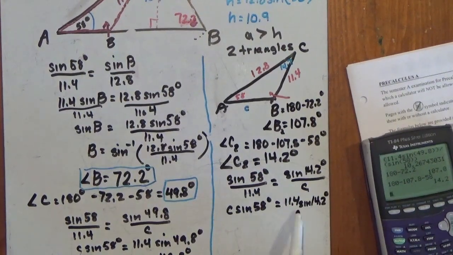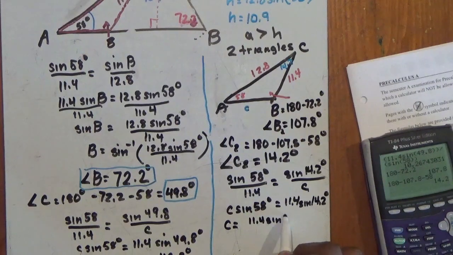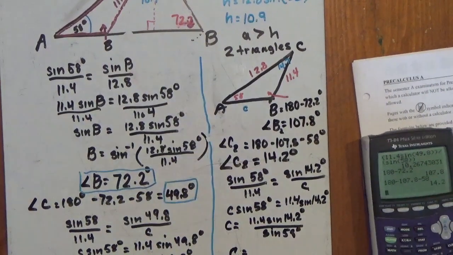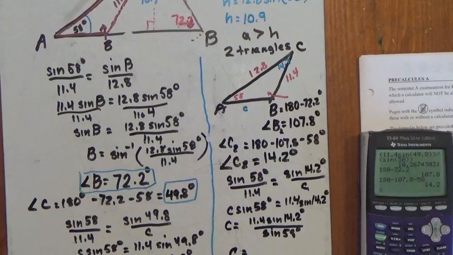Divide both sides by sine 58 again. In this case, the new C, or the second triangle C, is equal to 11.4 sine 14.2 all over sine 58 degrees. So let's do that: 11.4 sine 14.2.